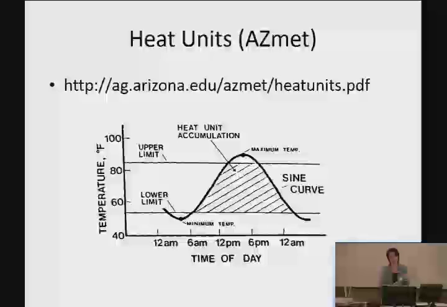If you go to AZMET, there are two combinations of high and low. One is for a warm-season crop, the other is for a winter crop. So the base temperature is different, and the upper temperature limit, I think, is different too. So it's very rough right now. But again, as long as you're in the linear range, you can pretty much explain by average temperature.